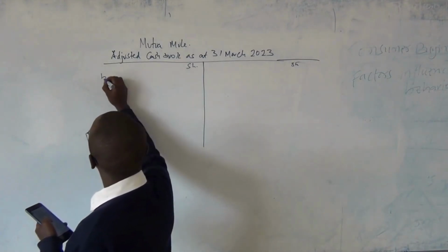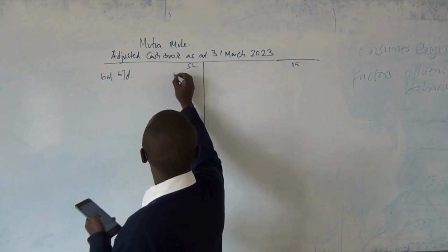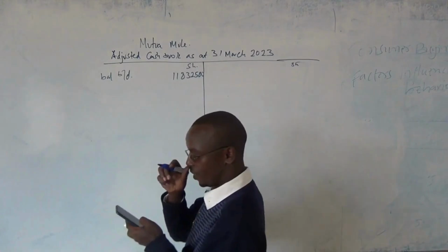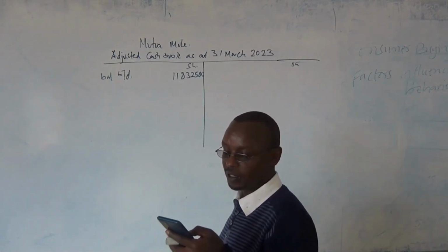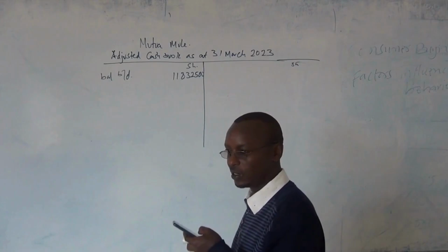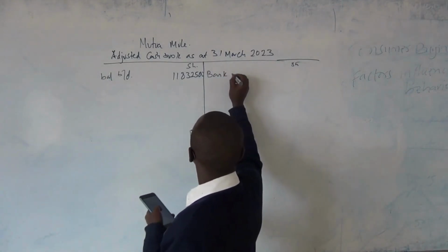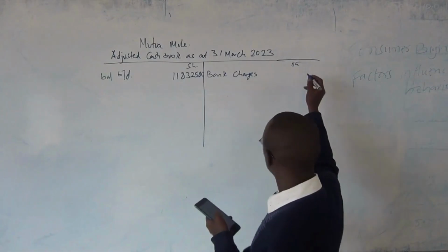Our balance brought down is 11,832,500. The first thing that was revealed by the investigation is that there were bank charges that were not entered. Put them here. Bank charges 15,000.